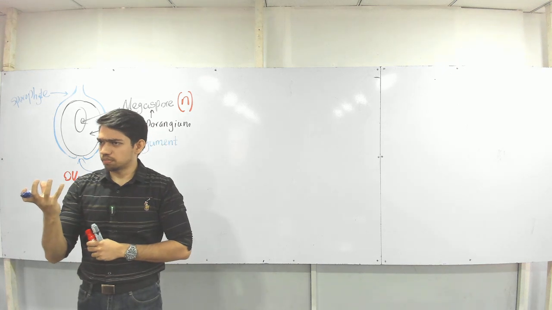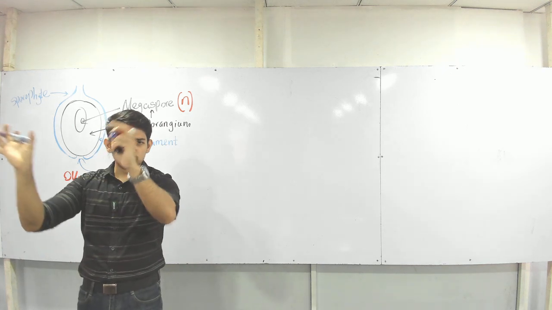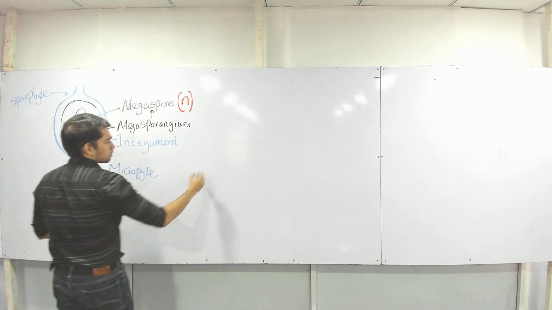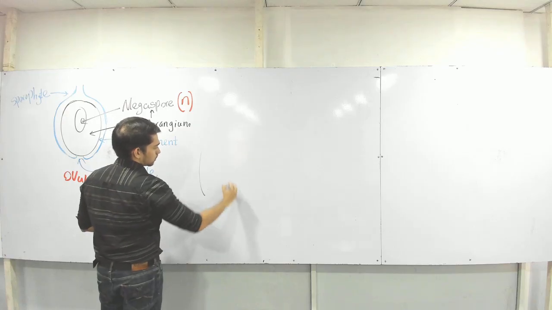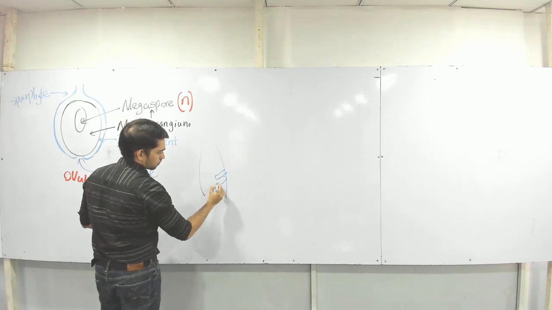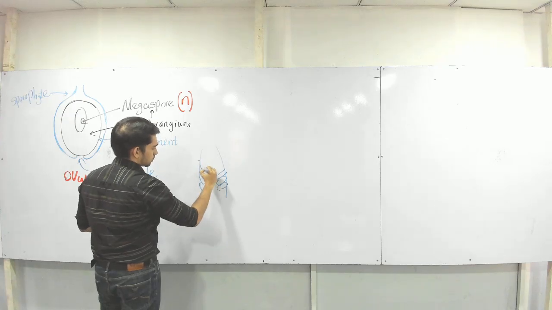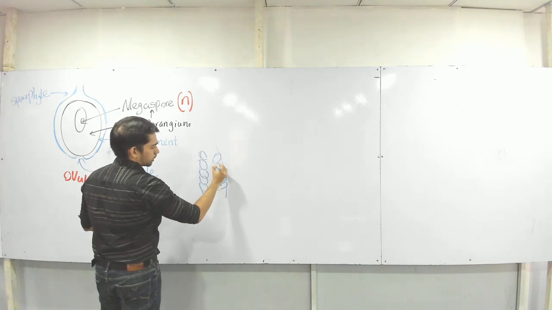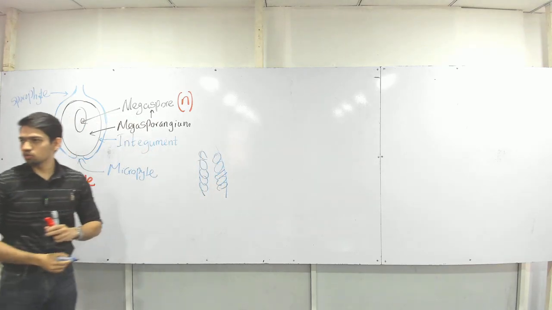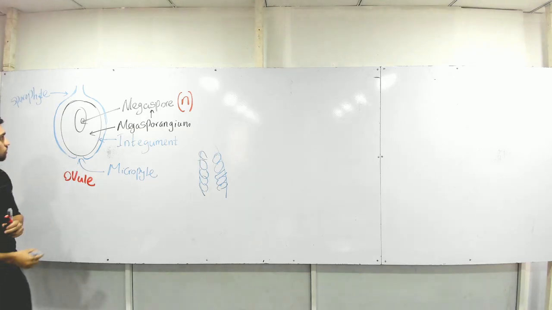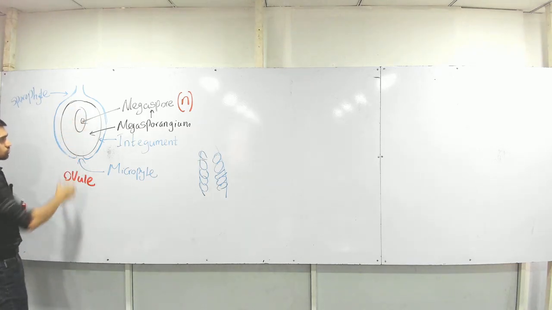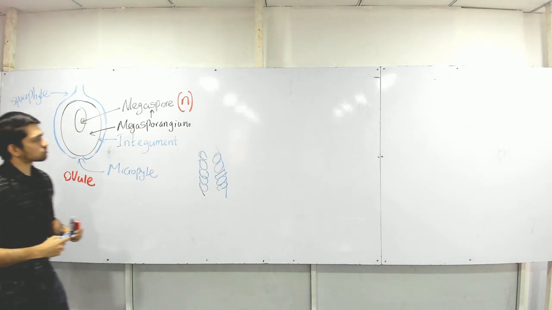Pine cones have so many ovules. If you have seen a pine cone like this, it has so many outward projecting things, right? That's an ovule. So the sporophytes have so many ovules like this.